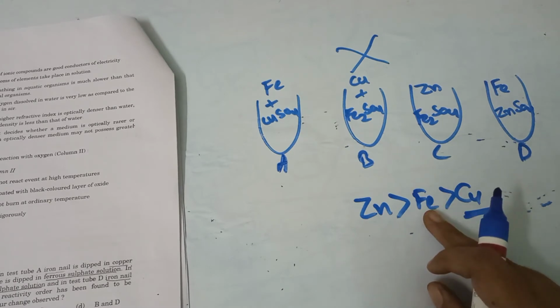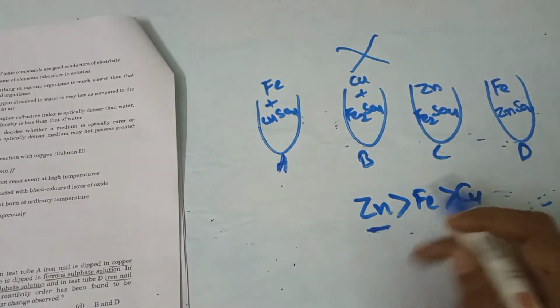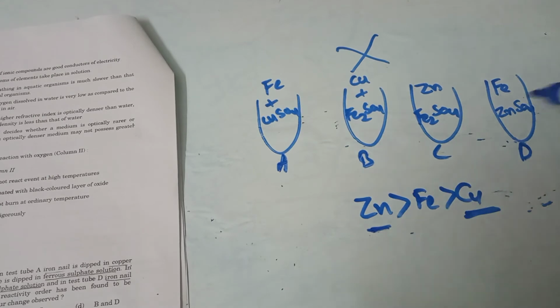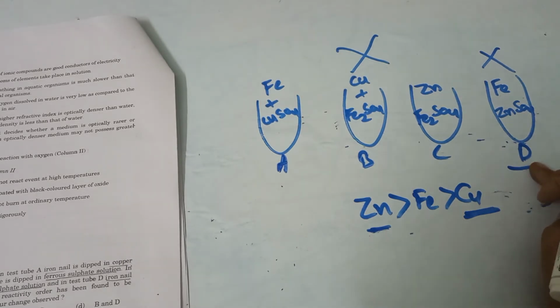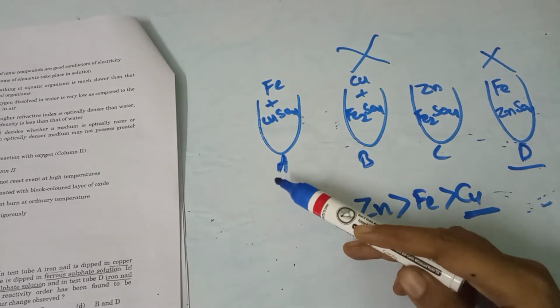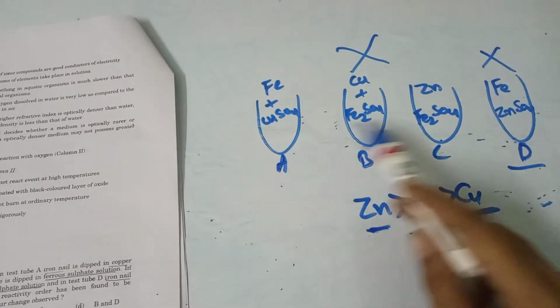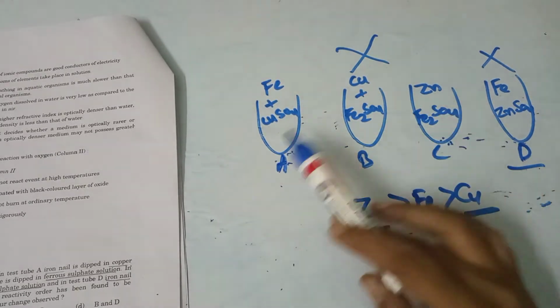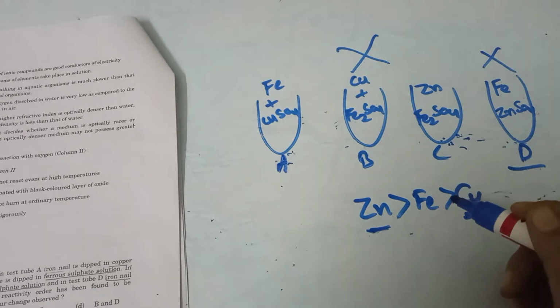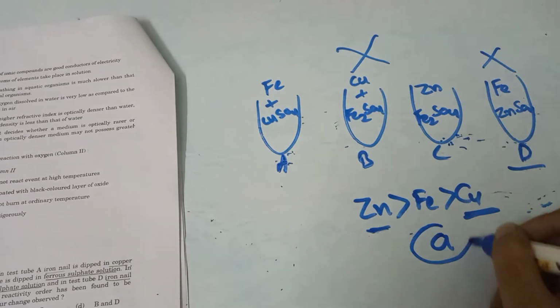Again, iron can't displace zinc, so in test tube D the reaction will not happen. So only in test tubes A and C will the color change, because chemical reactions are happening. So A is the right answer.